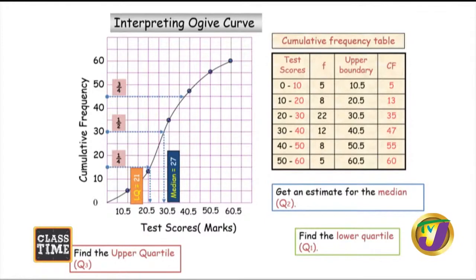That's not your answer. I need to draw my dotted lines to the curve, and then find the coordinating x value, which is the coordinating test score. So when I draw the other dotted line, I realize that it's approximately 38.